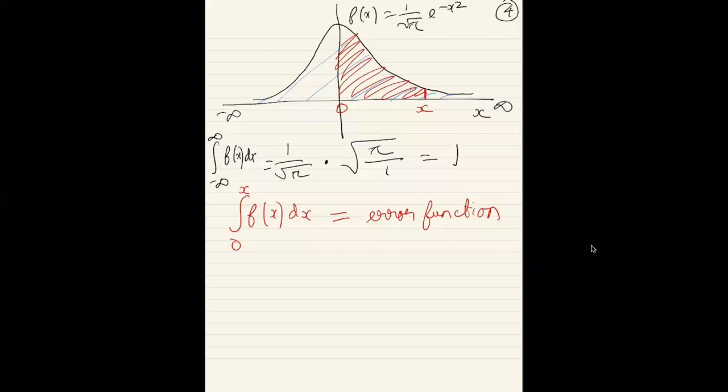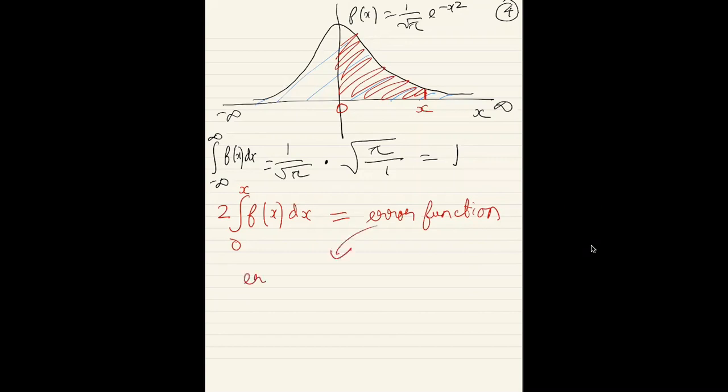It is actually defined as 2 times this Gaussian integral over here. So there is a factor of 2. The definition of the error function, always written as erf of x, is equal to 2 times this integral. So what is that? That becomes 2 by square root of pi, integral from 0 to x of e to the power minus, and you might get confused by x being in the numerator and x being in the denominator.